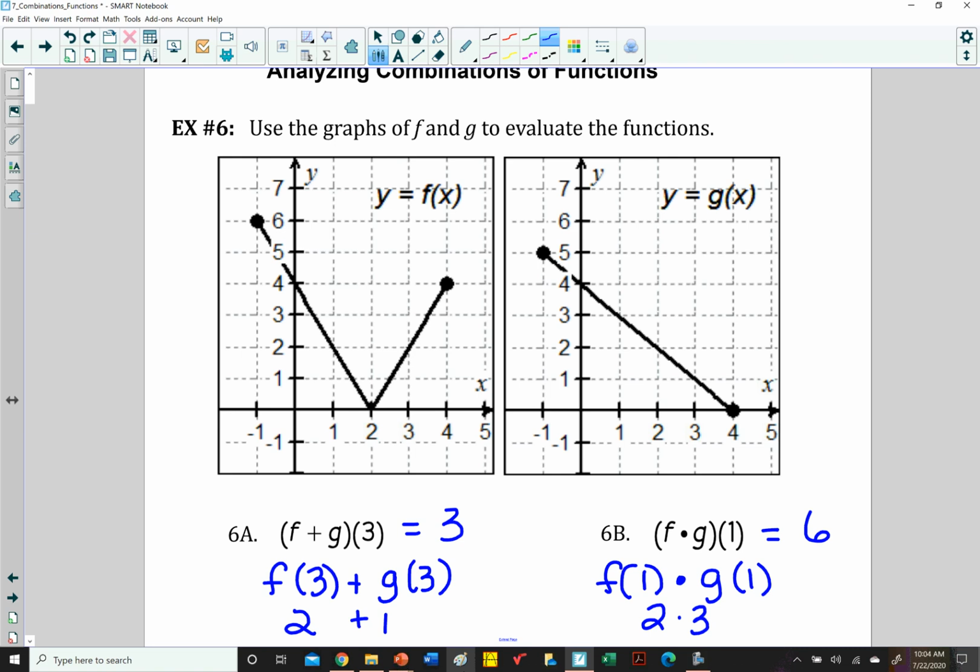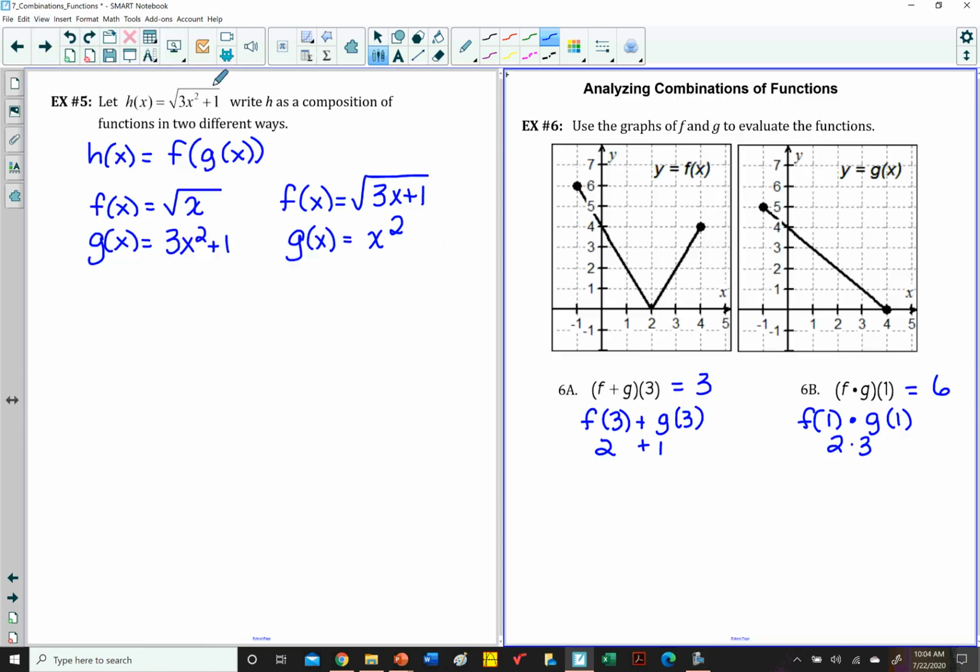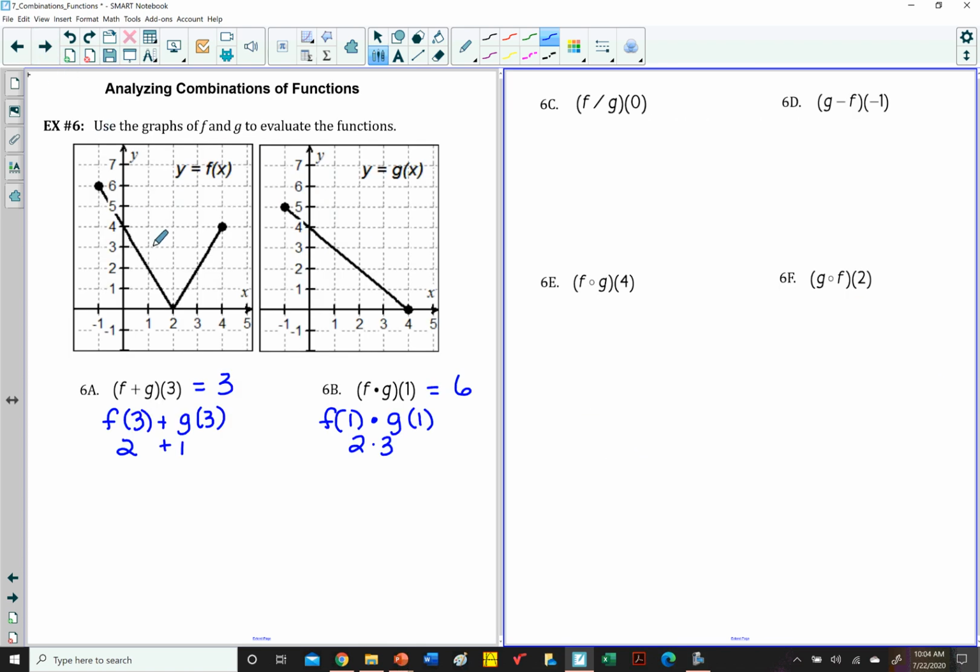On the next slide, maybe we want to view them dual page together here. So the f of 0 divided by the g of 0. The f of 0 is 4, and the g of 0 is also 4.